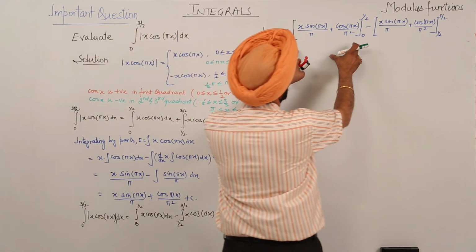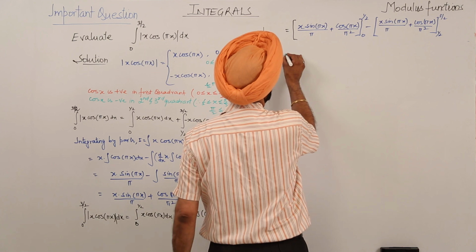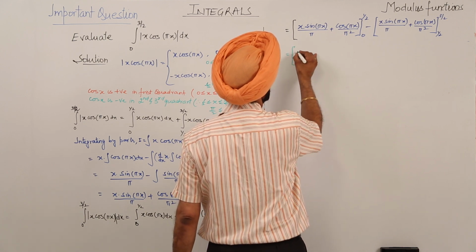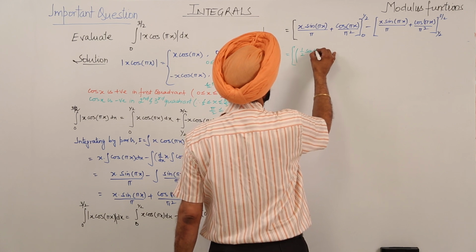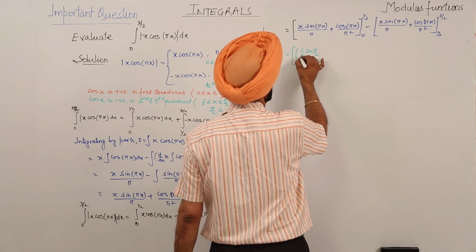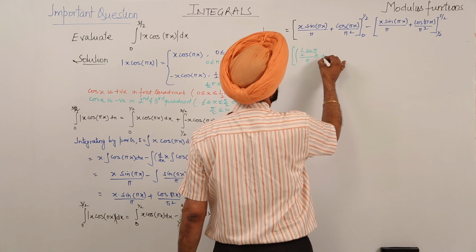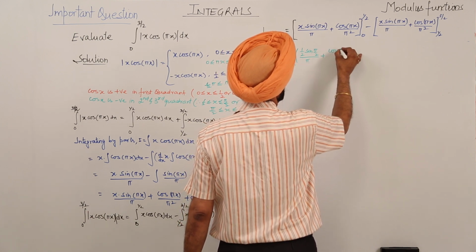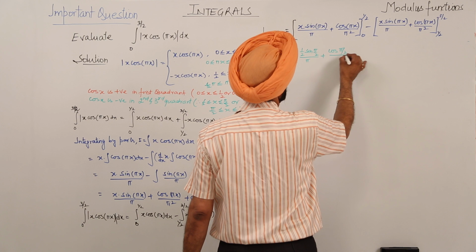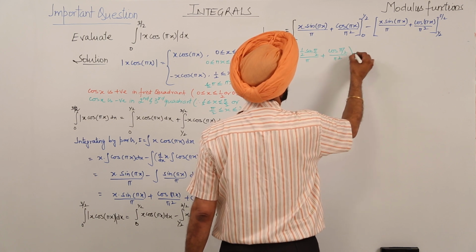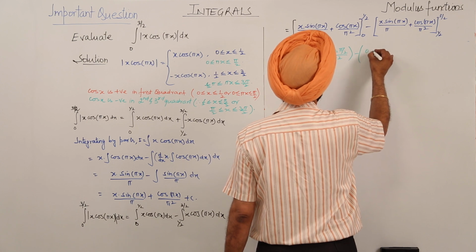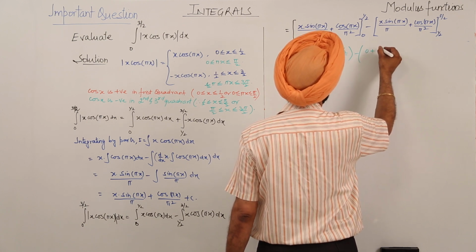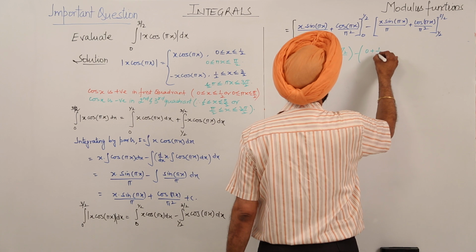Now the first part is equal to half sin(pi/2) upon pi plus cos(pi/2) upon pi square, minus 0 plus 1 upon pi square.